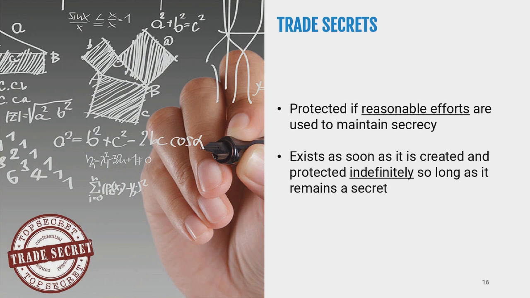If it's a formula, if it's a set of ingredients, if it's the actual steps of a secret process, it has to be documented and even time-stamped somewhere, okay? Second, you must use reasonable efforts to maintain its secrecy, right? A single vault, a double vault, retina scan, whatever sort of security measures you can think of.